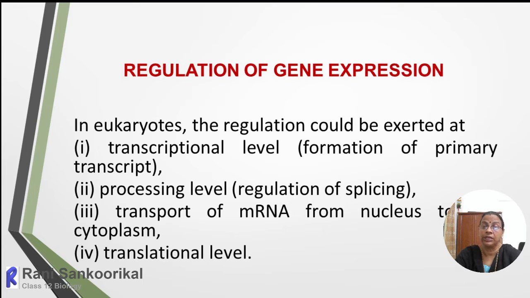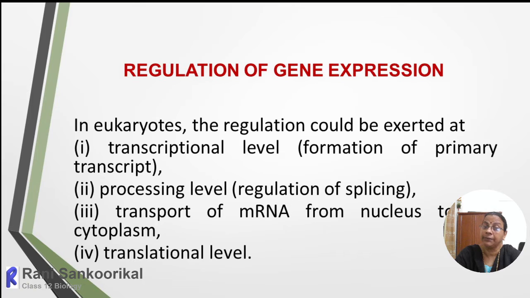So the expression of a gene can be regulated at the transcription level. Once the mRNA is formed in the nucleus, it can be transported to the cytoplasm. Before transporting, the primary form of mRNA is hnRNA, which then matures into mRNA.